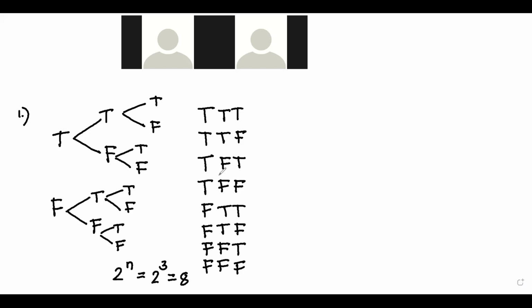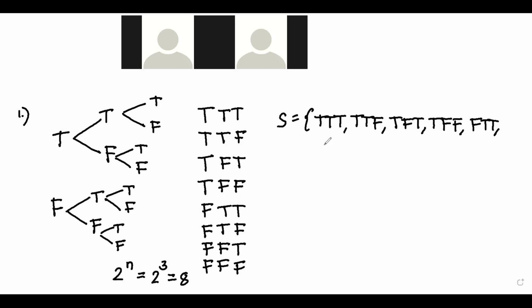So these are the outcomes for letter A, list the outcomes in the given sample space. So ito ang sample space natin. I-list nyo lang yan in a set: TTT, TTF, TFT, TFF, FTT, FTF, FFT, FFF.